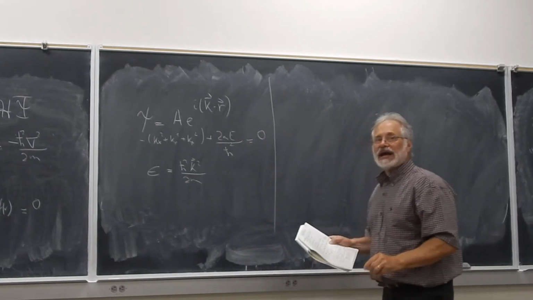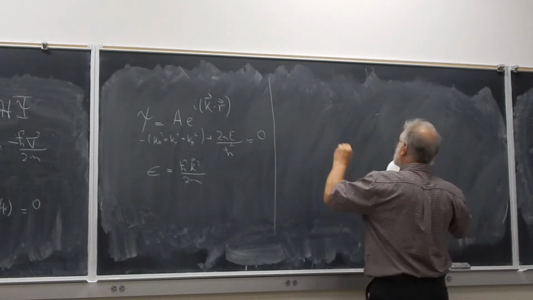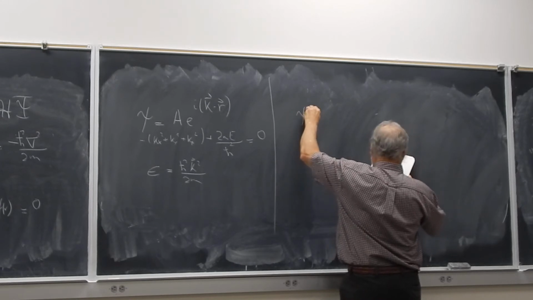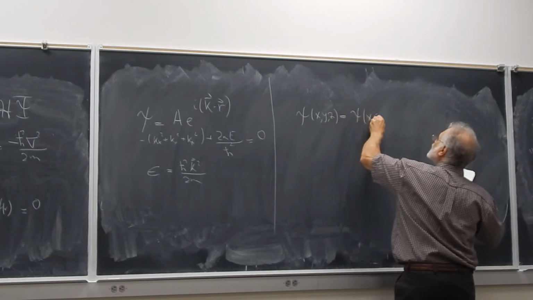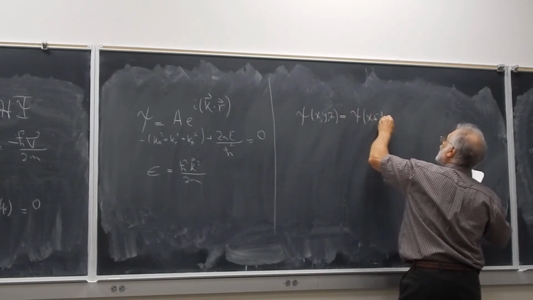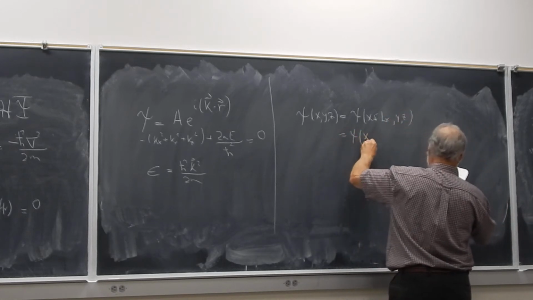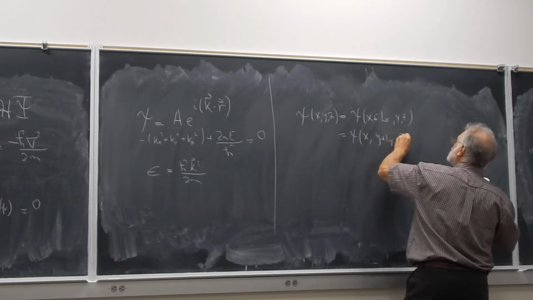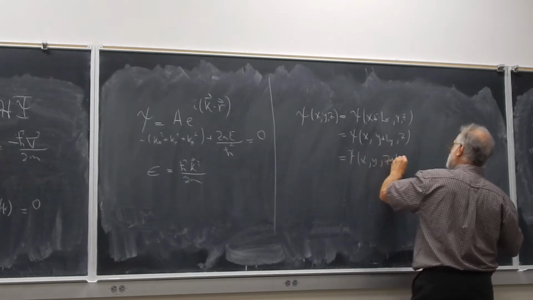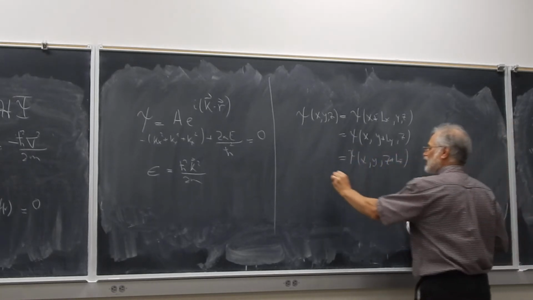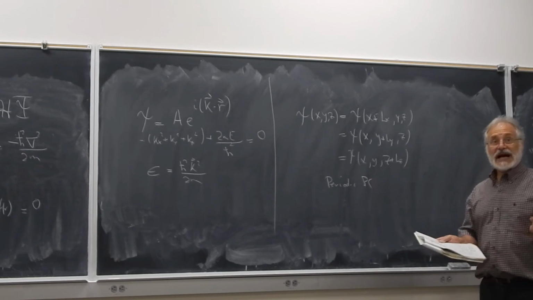I'm going to apply periodic boundary conditions, which is to say that ψ of x, y, z is equal to ψ of x plus Lx, y, z, is equal to ψ of x, y plus Ly, z, and is equal to ψ of x, y, z plus Lz. So these are called periodic boundary conditions. Like you might see in a solid, for example.